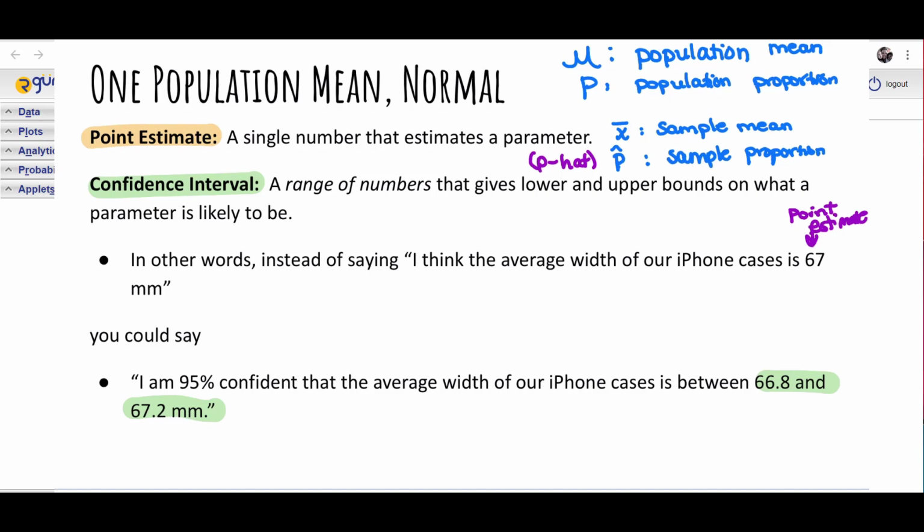So instead of pinpointing your population parameter, in this case the population mean, down to one number, which is hard to do, we say we don't know the exact number, but it's somewhere between 66.8 and 67.2. It's somewhere within that boundary.